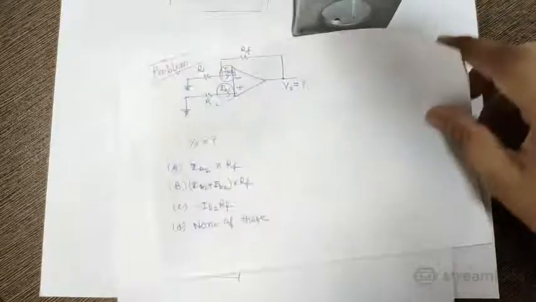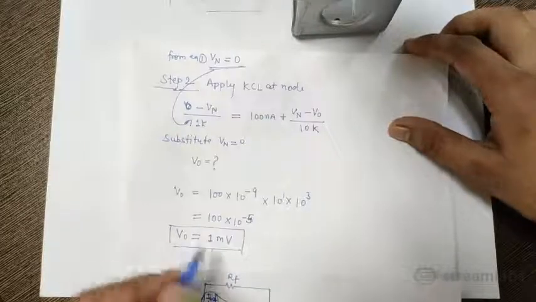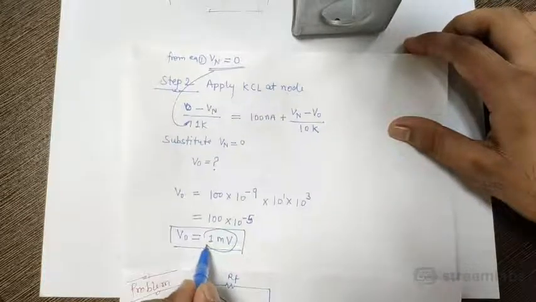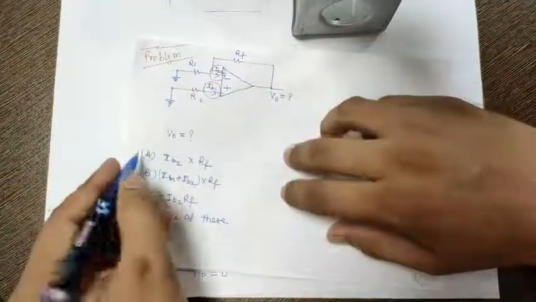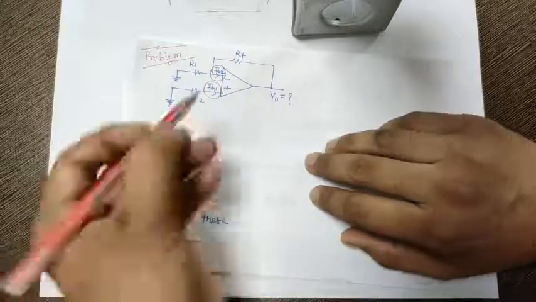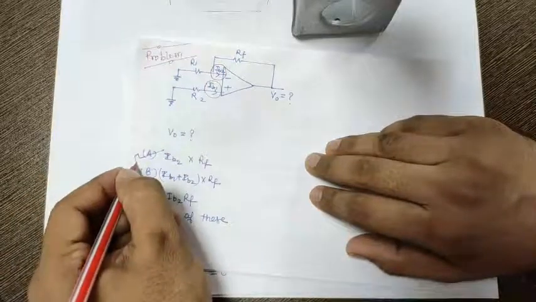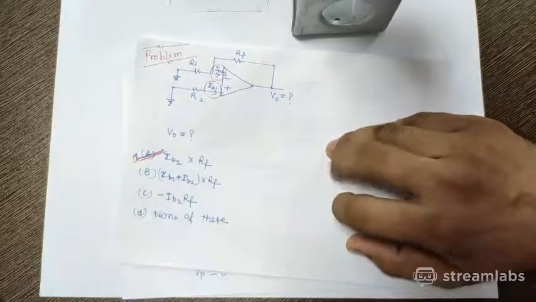For that we have to see the last one also. In the last problem we got positive voltage. This was a positive voltage, therefore I can say that positive one will be the correct answer. So the answer for this problem is IB2 into RF. This one, option A is correct option.